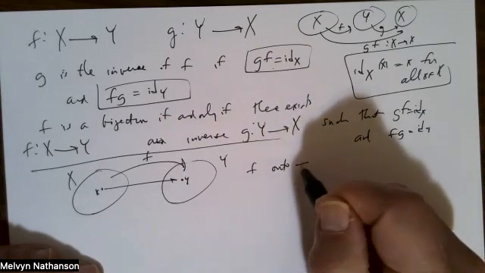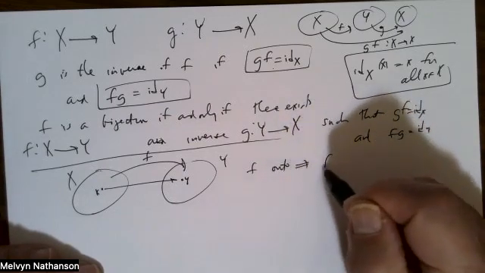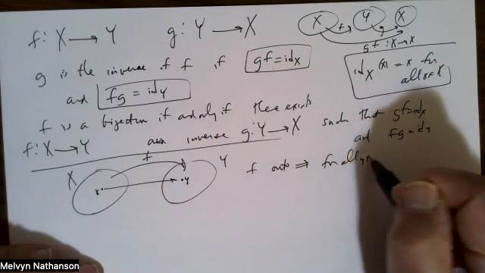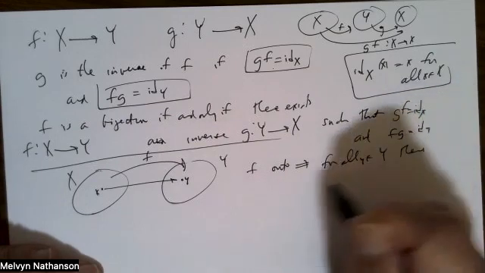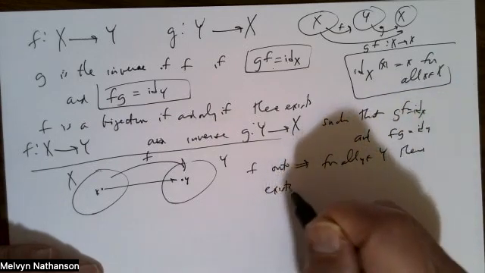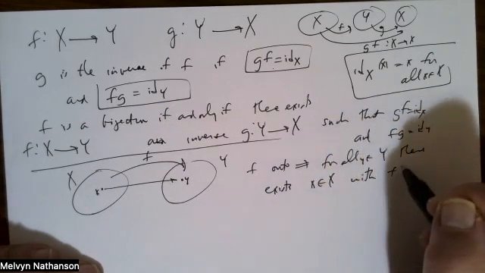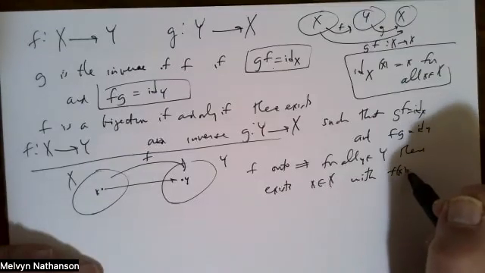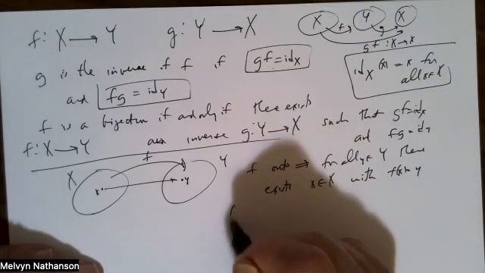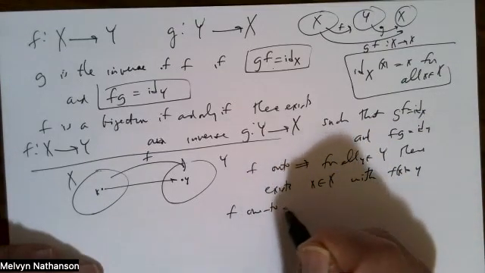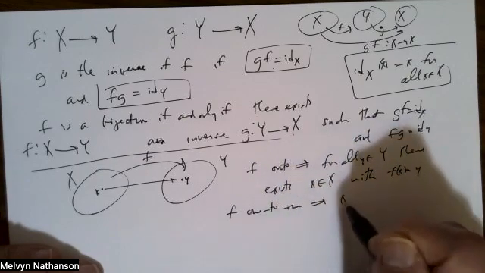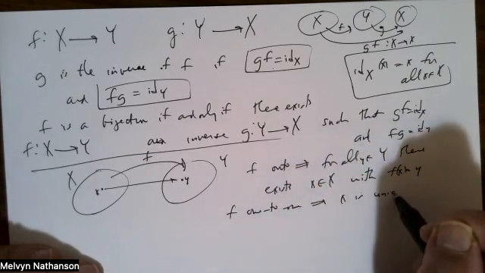So f onto implies that for all y in Y, there exists x in X with f of x equal y. And f one to one implies x is unique.